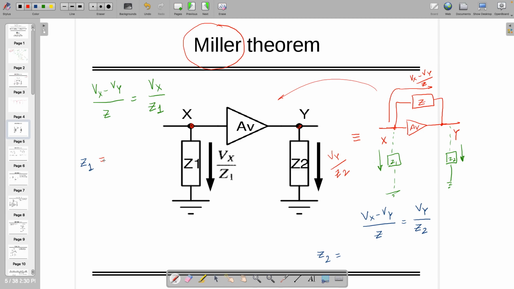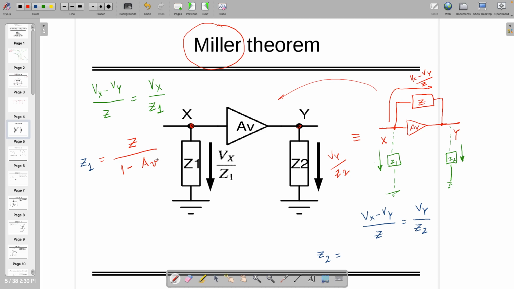It is up to you. Z divided by 1 minus AV.